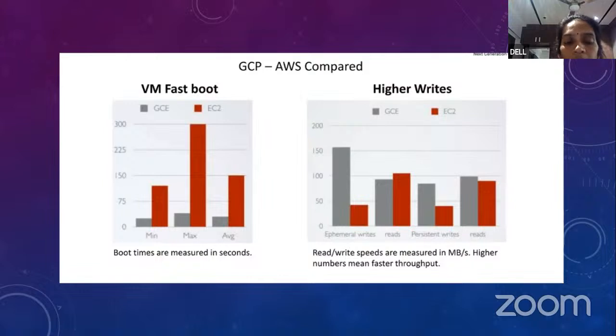Google takes very little time to give answers to our queries, with minimum VM fast boot and higher writes. Read and write speeds are measured in MBs, and higher numbers mean faster throughput. So higher writes means Google gives a reply to our inputs within milliseconds.